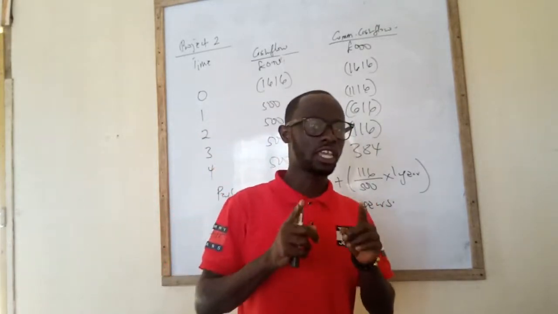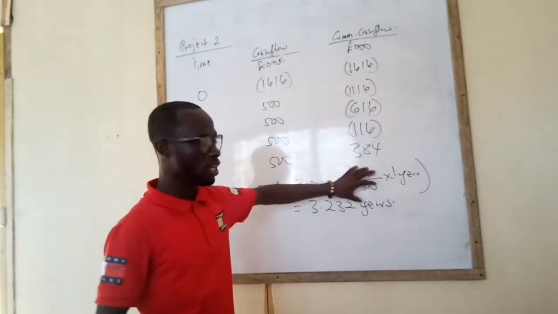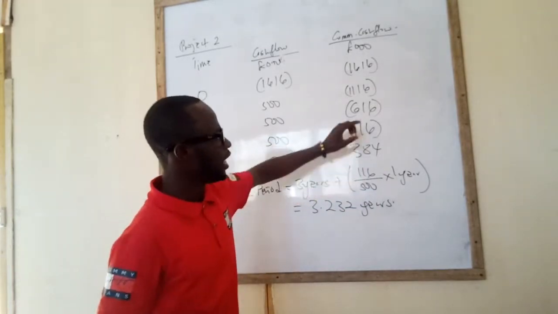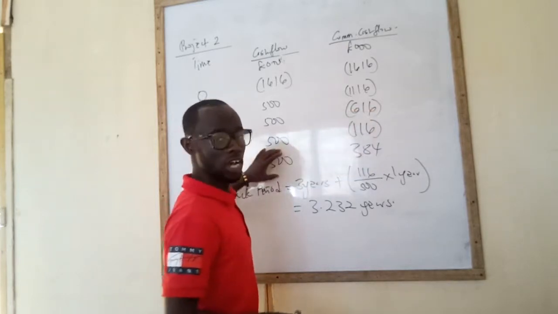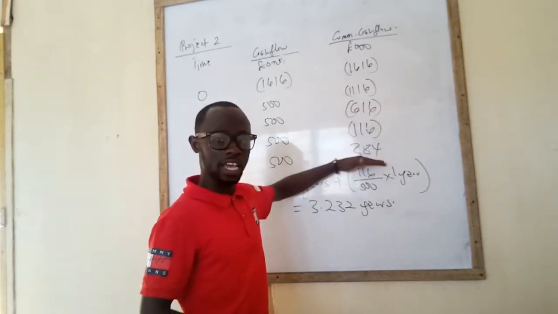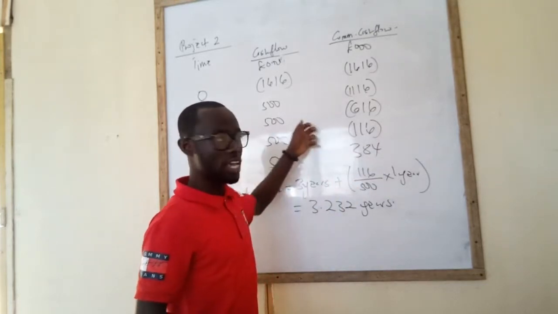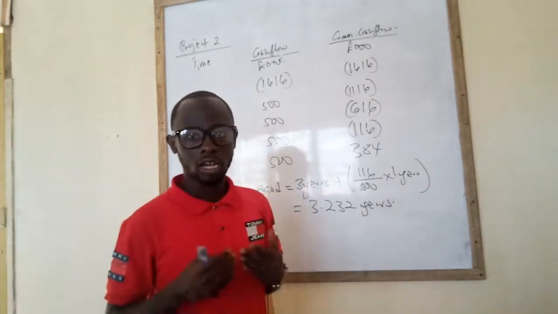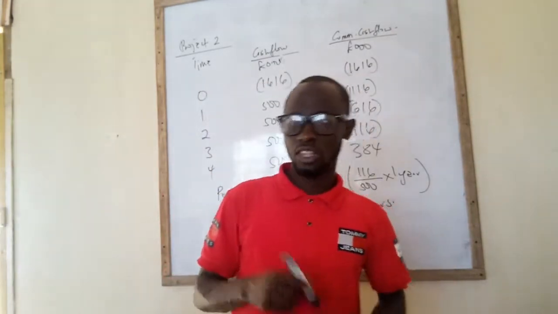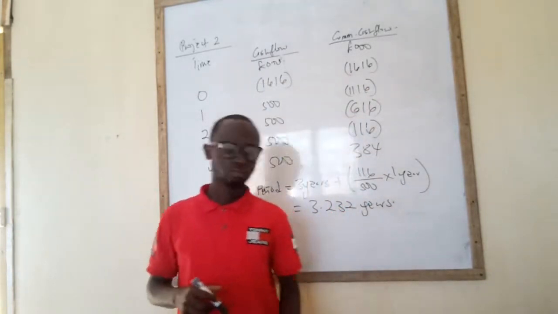But the key aspect is that you should know how to calculate it: it is how much money was left before the positive, and then how much cash flow came in to turn the negative into positive, times 1 year. Then you add it to whatever year that last negative was, and that gives you the payback period.